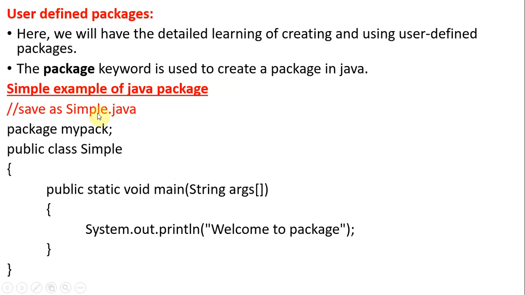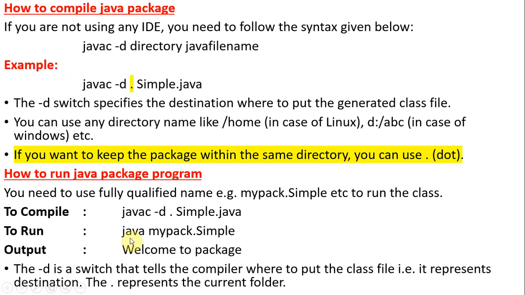The entire source code is in simple.java. This is the file name, this is the package name, this is the class name. To run, I am using the java interpreter with mypack.simple, which means along with the package name I am using the class name also. Then it will print welcome to package.